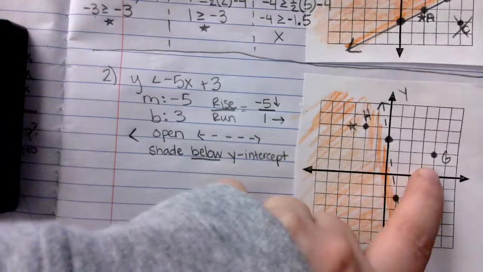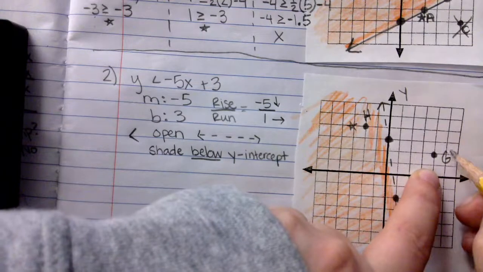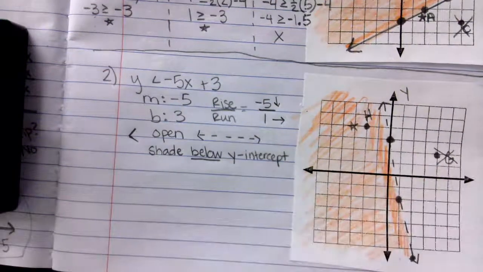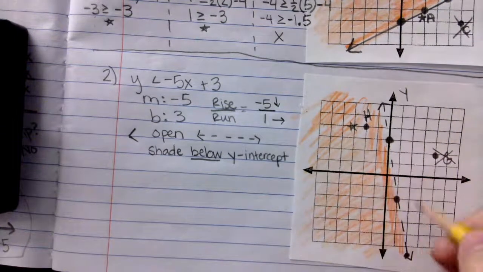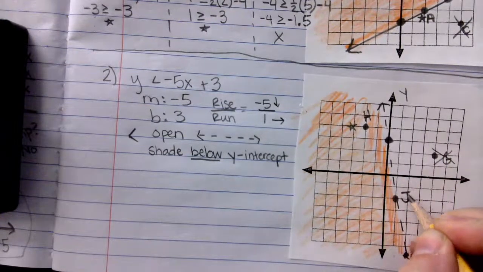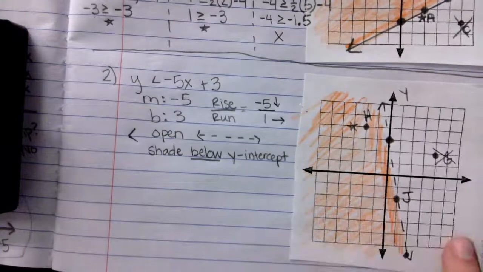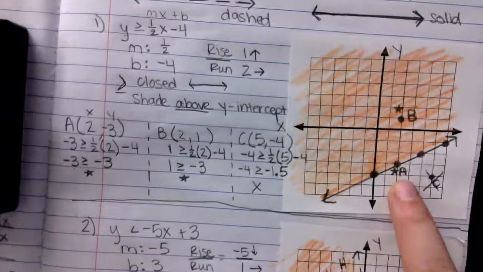All right, now here's the deal. If I pick a point that's on the line this time, let's pick this one down here. Let's call that point J. Last time, when we picked a point on the line, did it work? Yeah, point A worked. But when I did put in point A, what kind of a thing came out? It's an equal to. Yeah. Anytime we pick a point on the line, it's going to be an equal to thing.